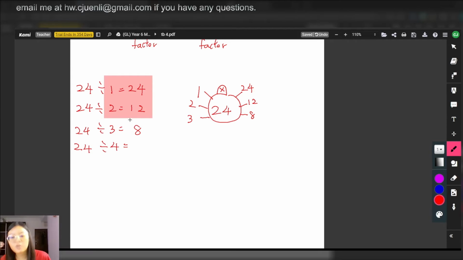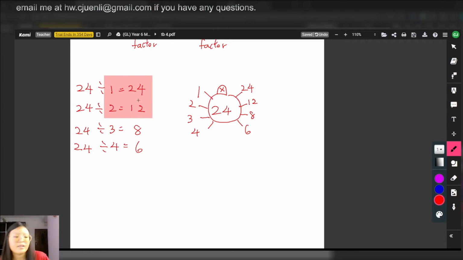You have to test for every single number. Later I'll show you that sometimes a number doesn't divide into 24 at all. So 24 divided by 4, you get 6. So over here you put 4, here you put 6. 4 times 6, you get 24. Now, I'll give you about 2 seconds to have a look and see if everything makes sense.